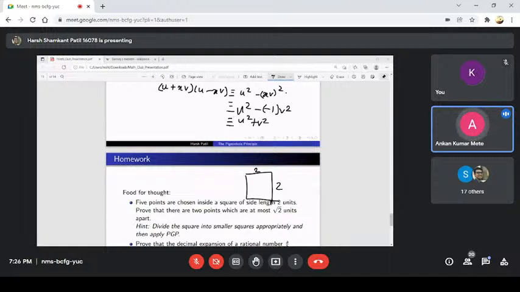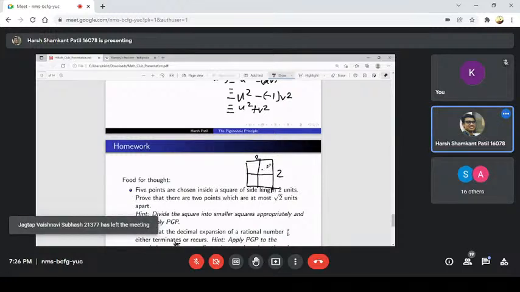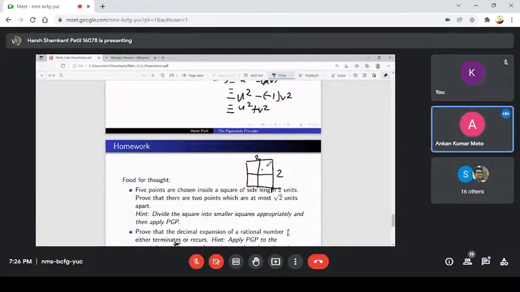Then there are 4 choices and 5 points, so 2 of them will be in the same square. The maximum length in the square is √2, because the side length is 1 and the maximum distance is the diagonal between opposite corners, which is of length √2. Yeah, you're right. That is more or less the solution of this problem.